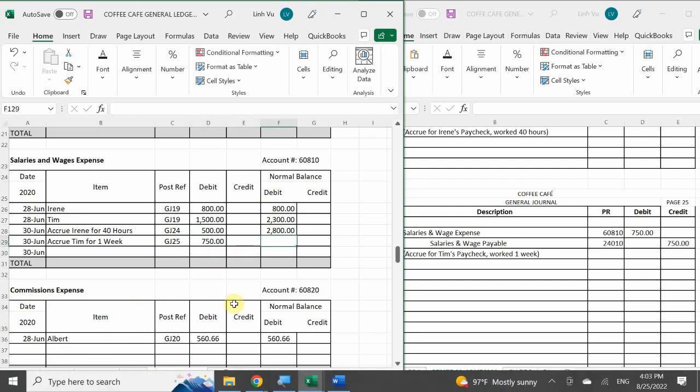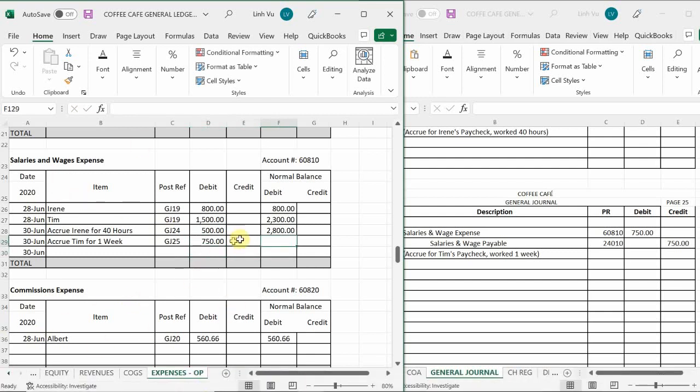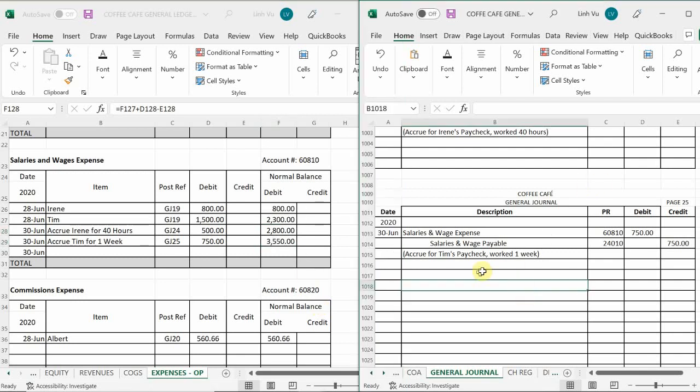So therefore, grand total of salaries and wages expense is $3,550. Right, for the whole month of June, your employees cost you $3,550. Okay? That's a lot of money.